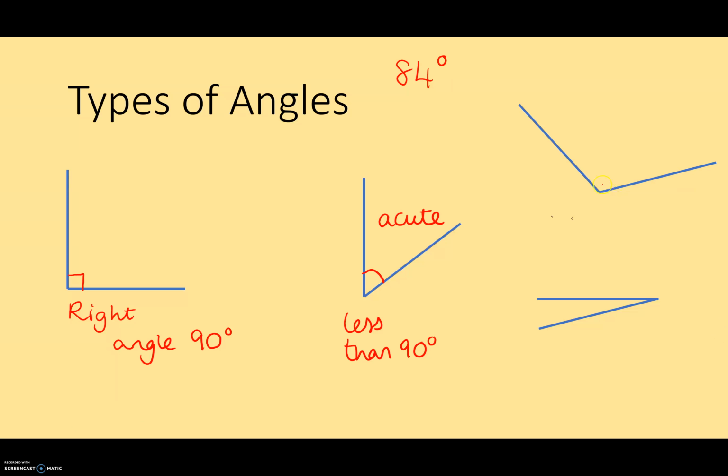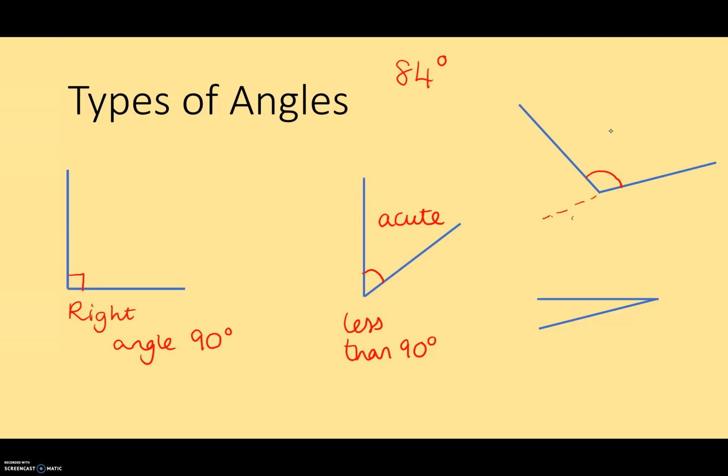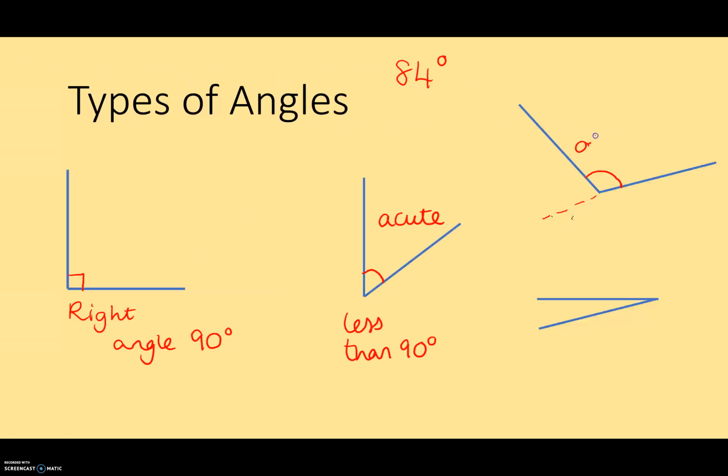If it's larger than 90 degrees, like this one is, but less than an entirely straight line, then we call that obtuse. And that's for angles which are sized between 90 degrees and 180 degrees. 180 degrees is a straight line.